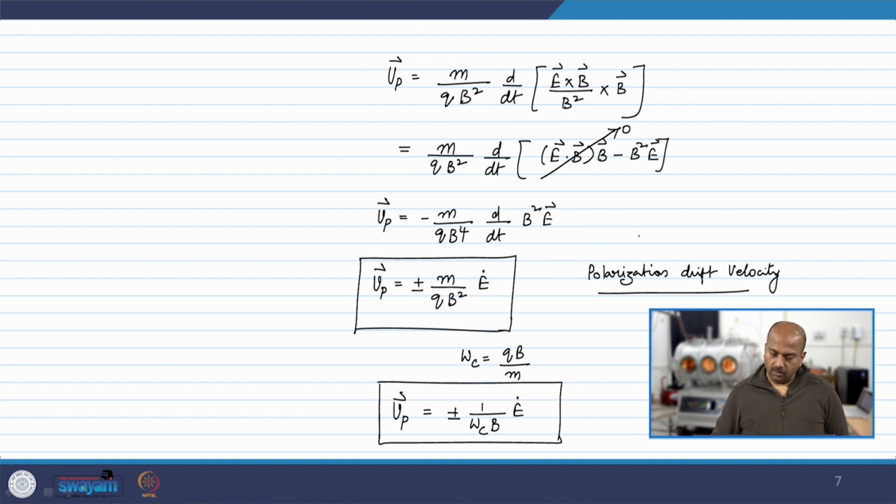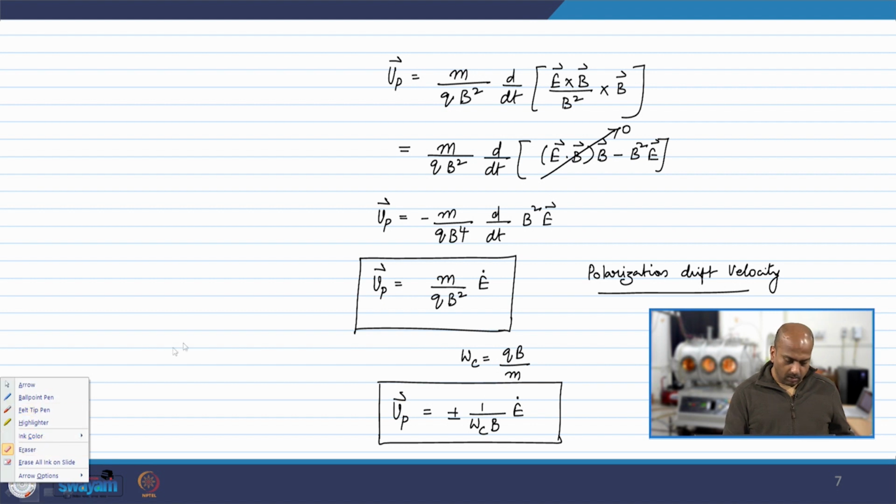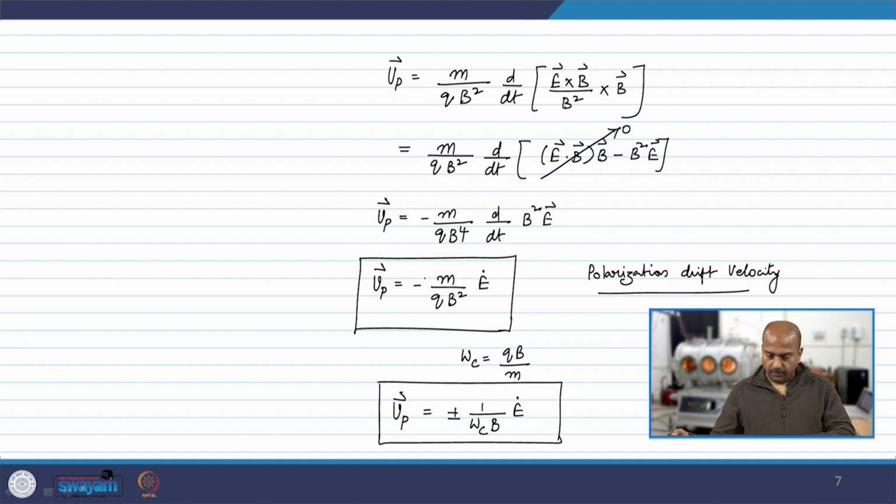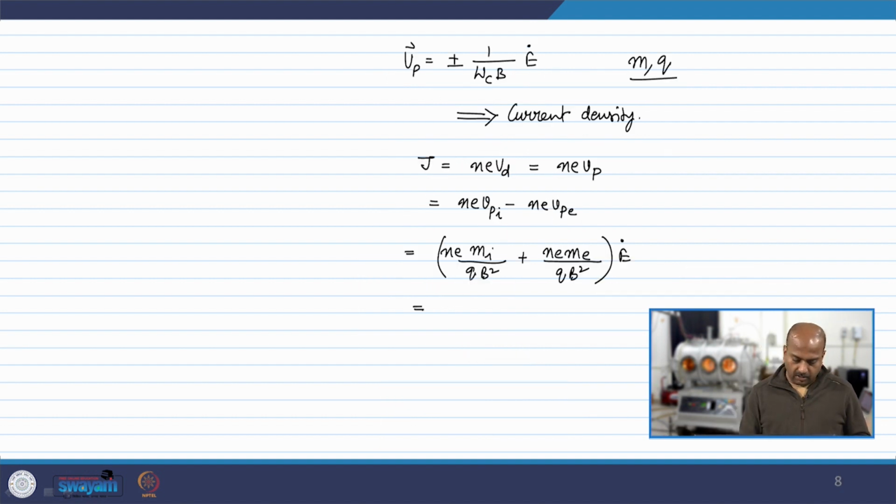Or it is more appropriate to write this as m by qB square E dot, or minus m by qB square times E dot. So, we can simplify this expression as N e (m i plus m e) times E dot by qB square.